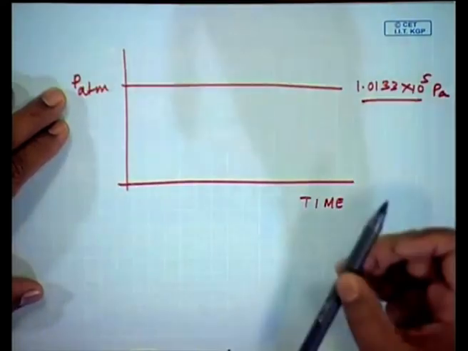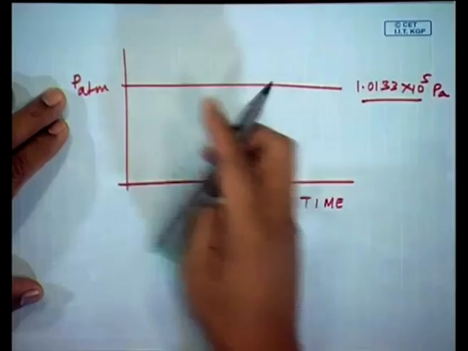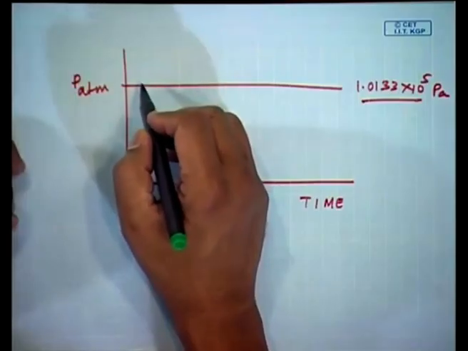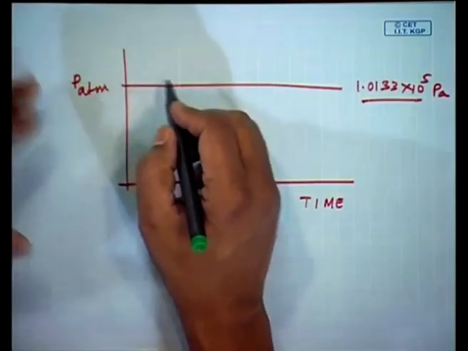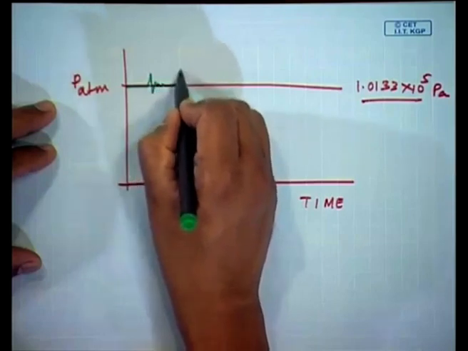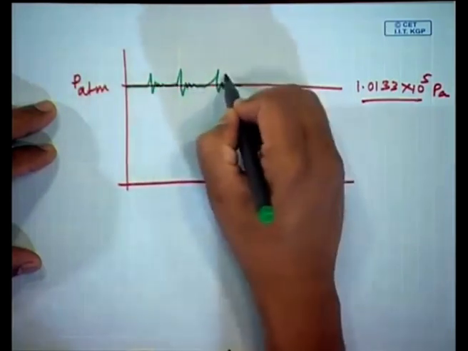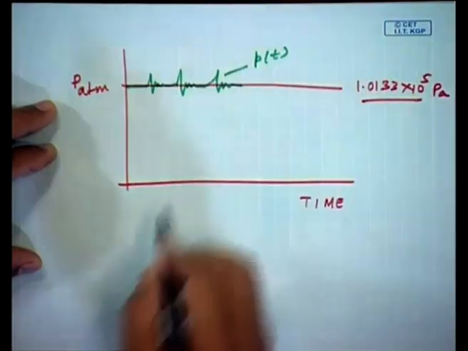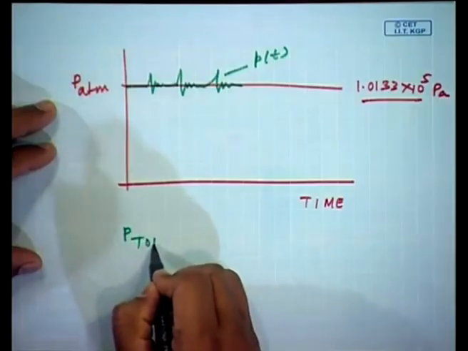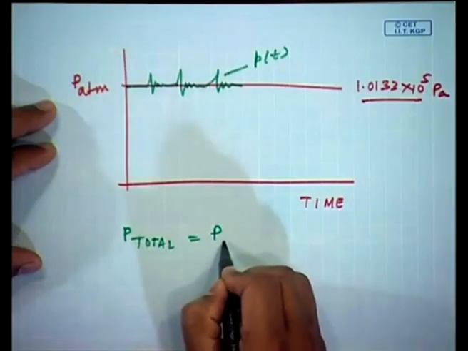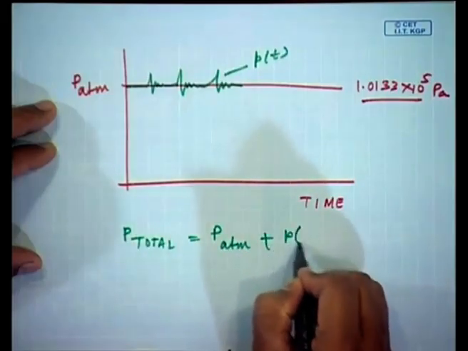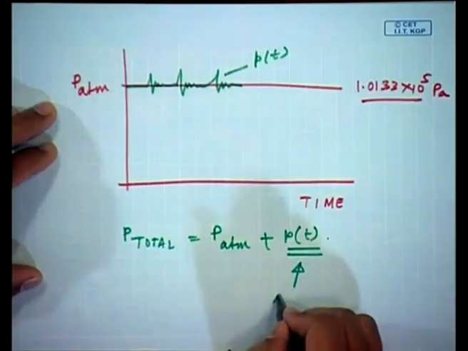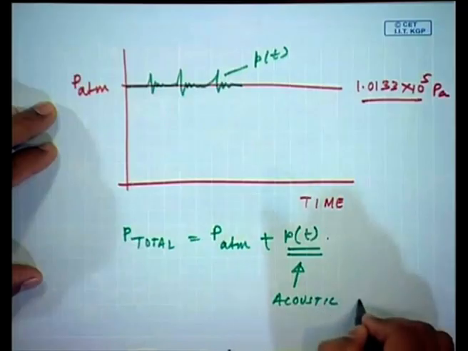On top of this pressure, there is a perturbation, because of somebody speaking or a machinery making noise. So, there will be small fluctuations in sound pressure, which I denote by small p(t). This is the dynamic component. So, the total pressure incident on our eardrum is P atmospheric plus P dynamic, and this small pressure is what is known as the acoustic pressure.